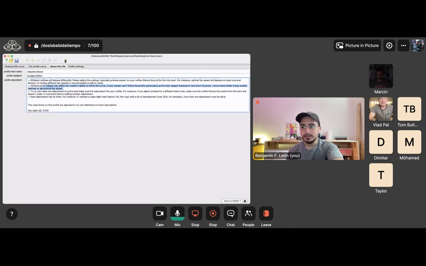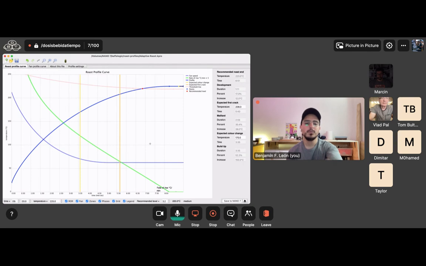Yeah, the differences in voltage, as I said. I know this is really difficult, but just try to make one adjustment at a time. I hope that you're actually using this profile for your usual coffee, and trying different profiles for a specific coffee. But yeah, just try to make one adjustment at a time.